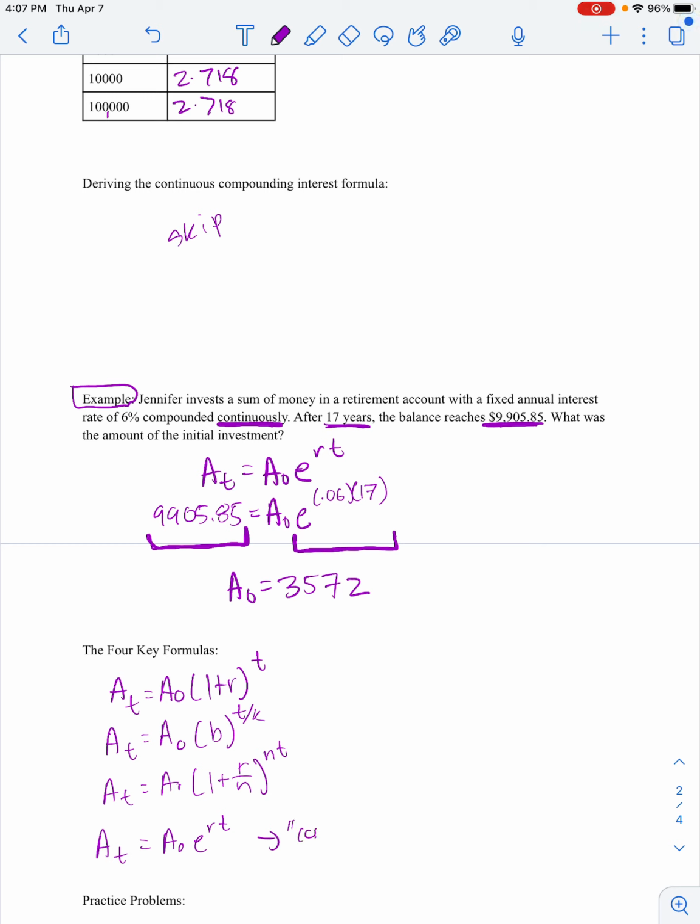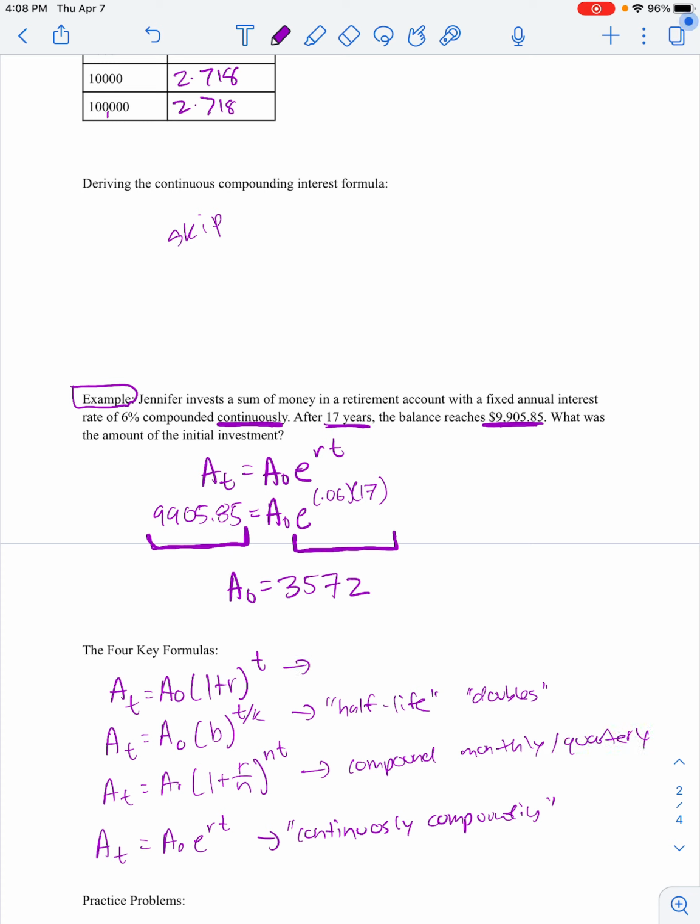So if you see the words continuously compounding, you use this one. If you see the words half-life or doubles, or you see that something doubles, you're going to use this one. This one, if we compound monthly, quarterly, and this one's just a simple compounding.